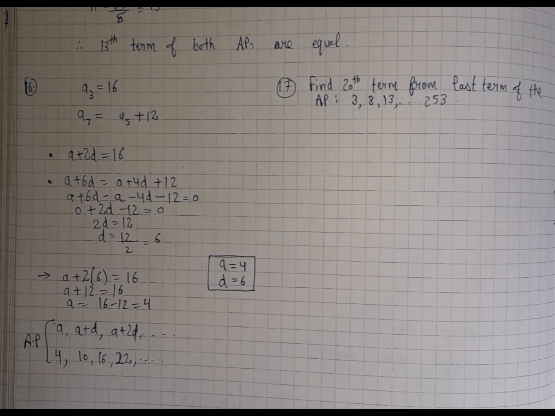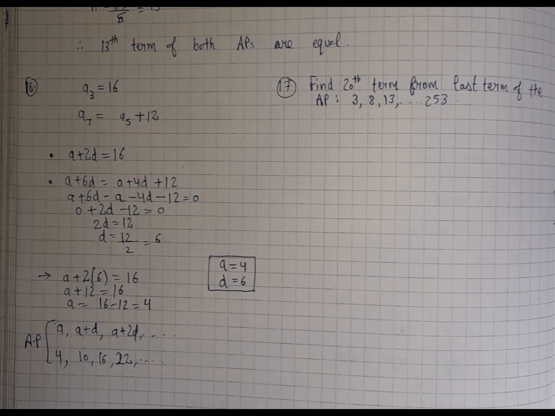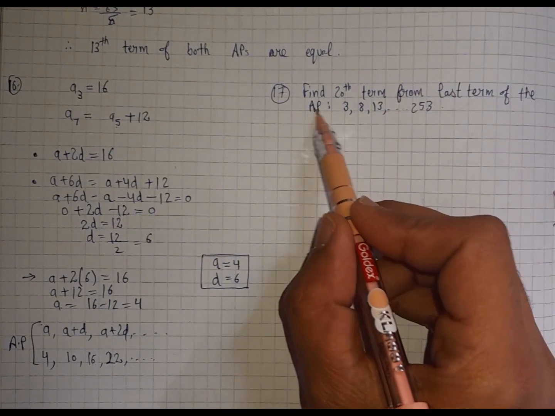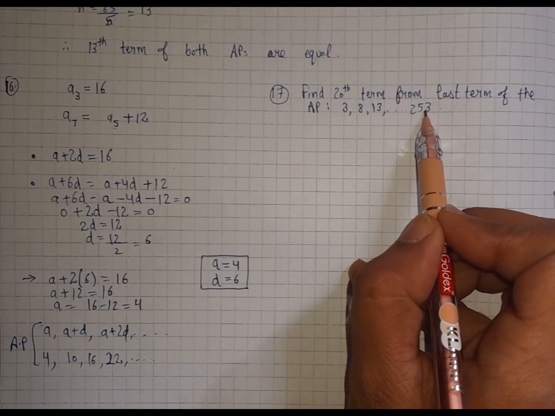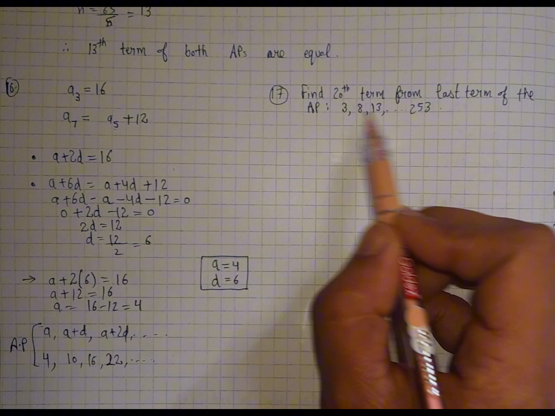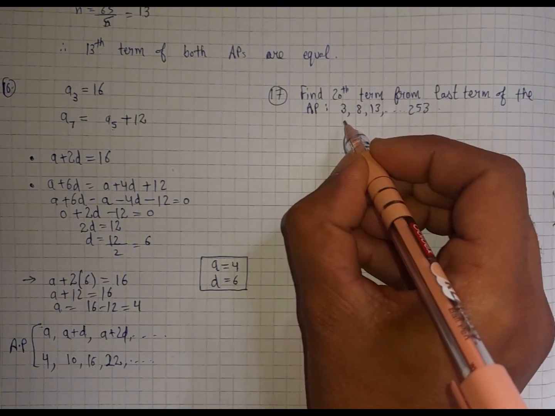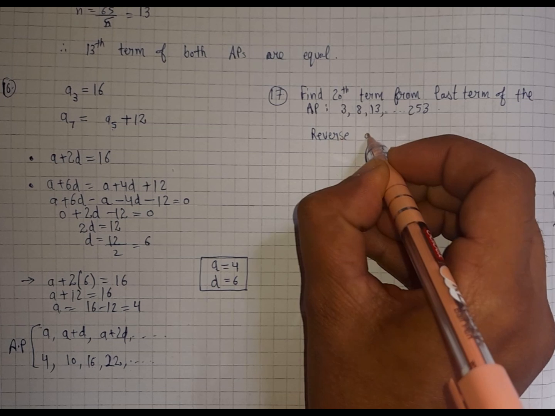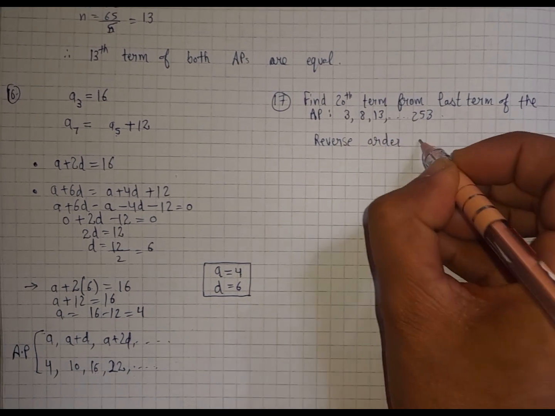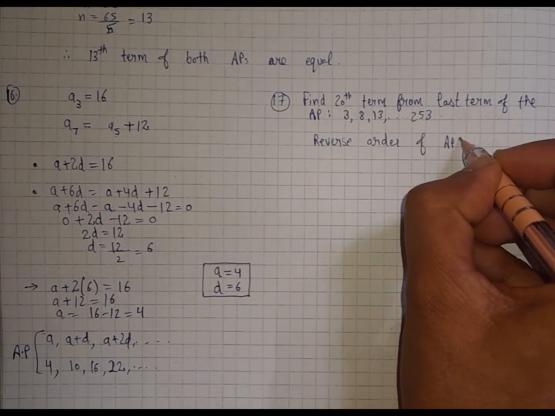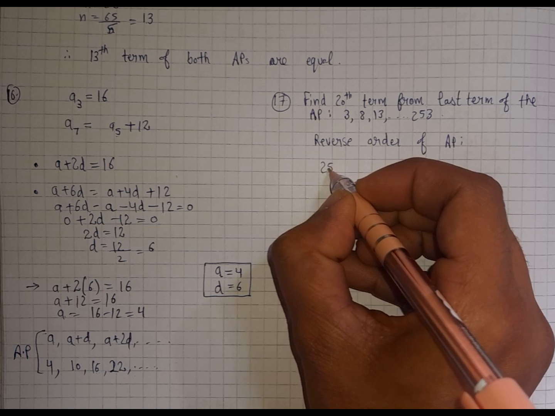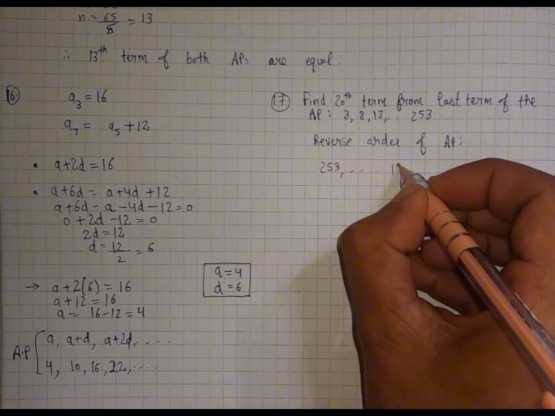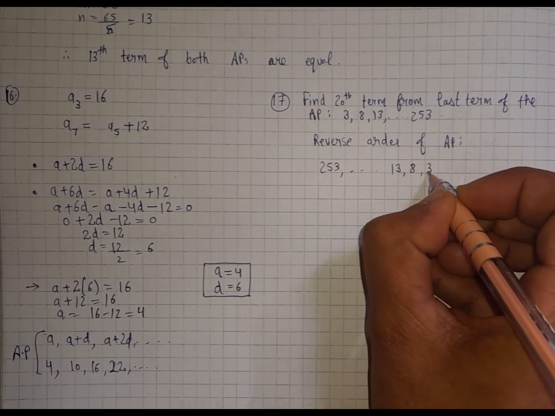17th question. Find the 20th term from the last term of the given AP. Here, this is the given AP. To find the 20th term from the last, write this AP in the reverse order. So the reverse order of the given AP is 253, 13, 8 and 3.